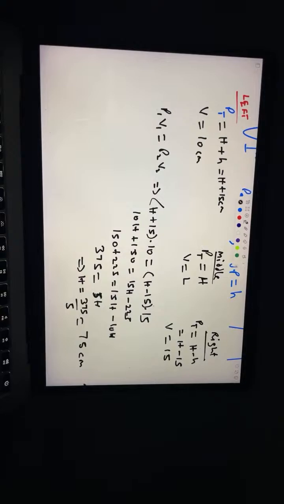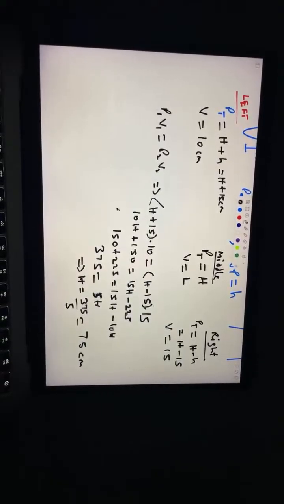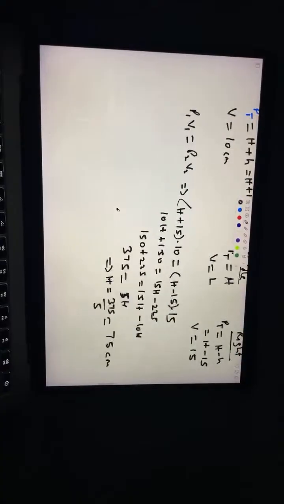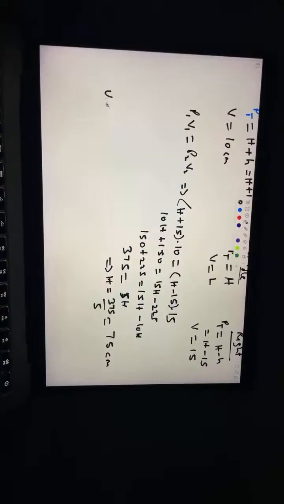So now let me proceed to get what my length of air column is for the slant guy. So what I will just do is that I will equate this one again, using P1 V1 equals P3 V3, where 3 is the third case.